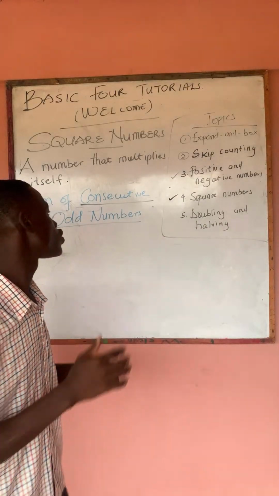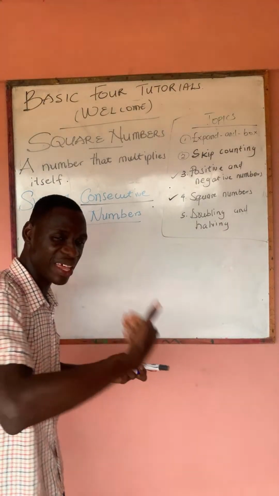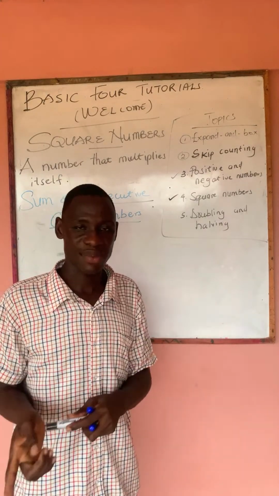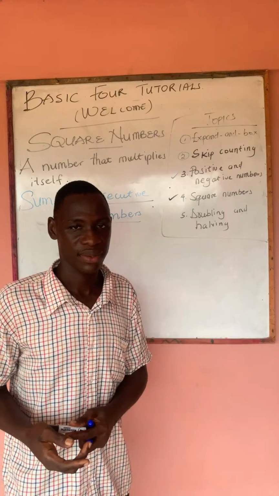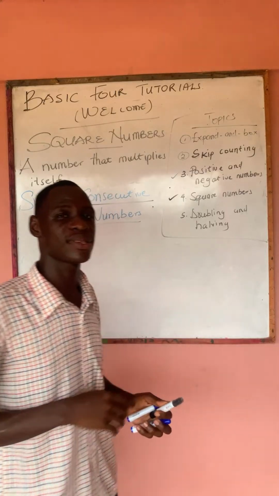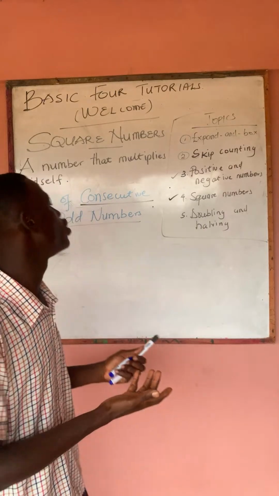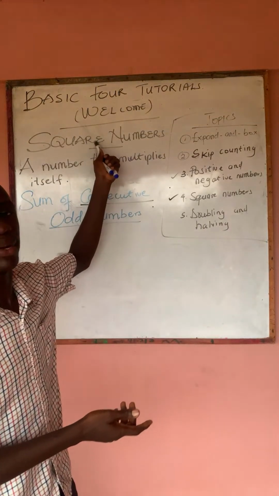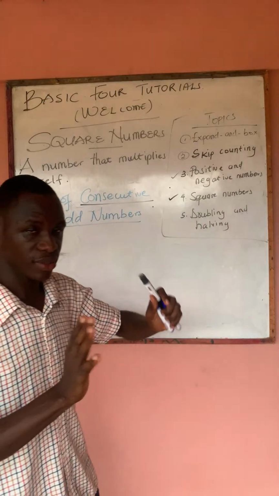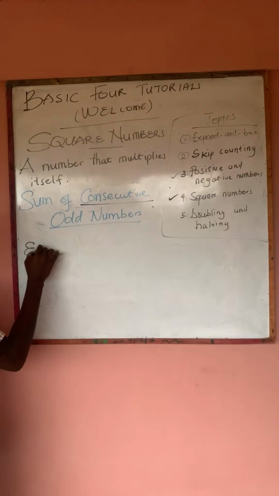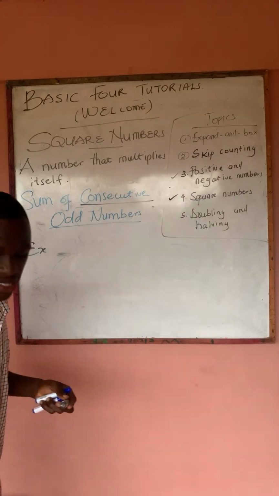So we're going to have odd numbers in that succession, such that none of them has been skipped or can be skipped. Okay, let us write some examples of consecutive odd numbers so that we can apply it to square numbers. So let's take some examples of consecutive odd numbers.